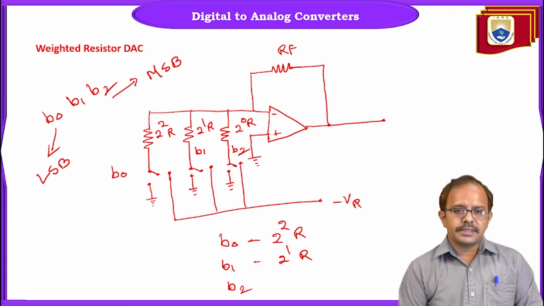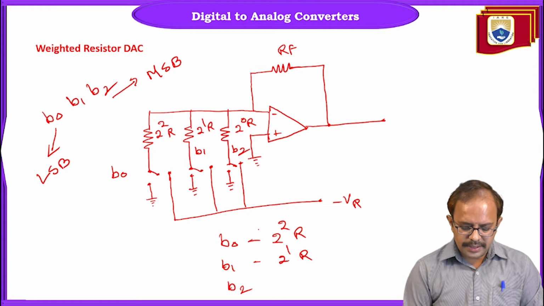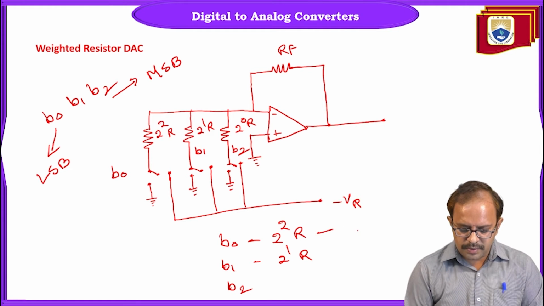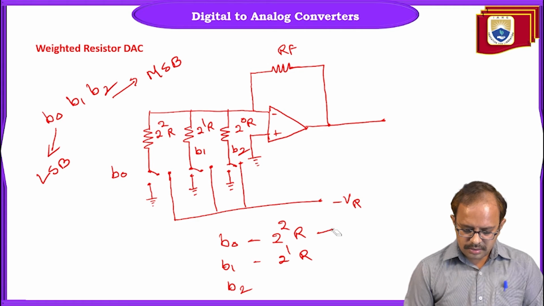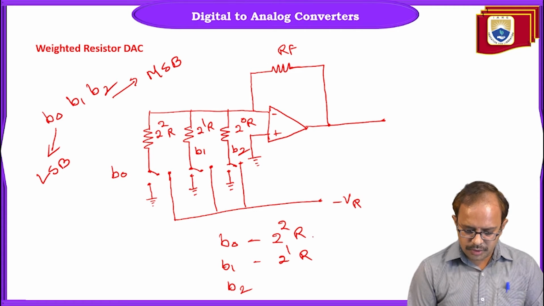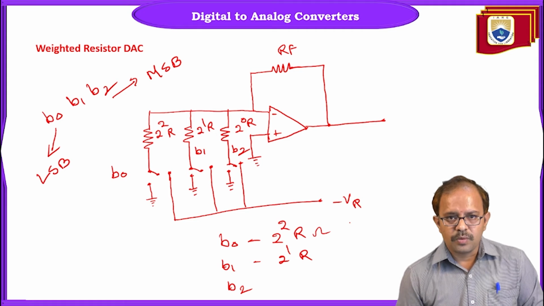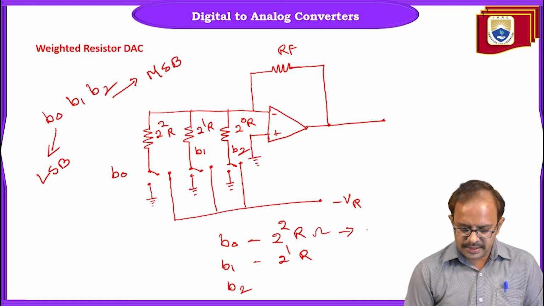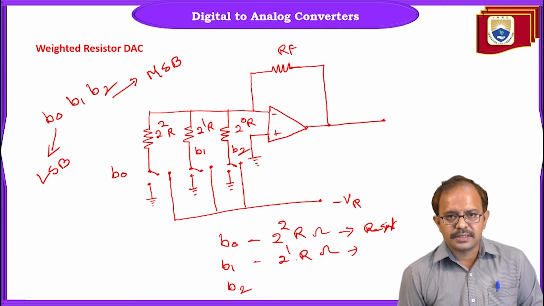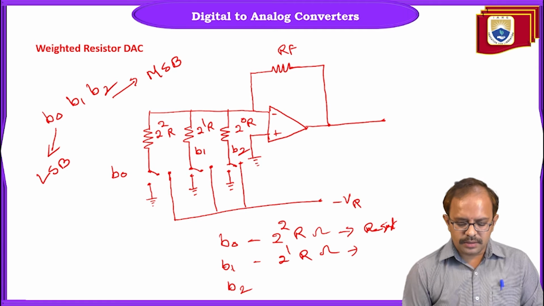Where B0 is the LSB, the corresponding resistance is defined as 2 power 2 into R. Usually we express it in terms of ohms. So this is the resistance, and this is the weight of the resistance for the bit B1.